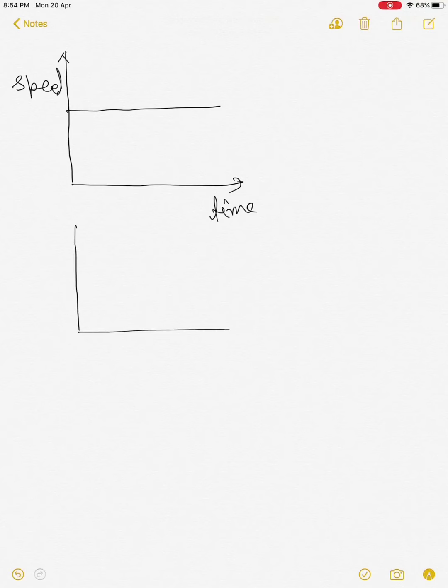If the speed time graph is a straight line inclined with the time axis, then there is a uniform acceleration.